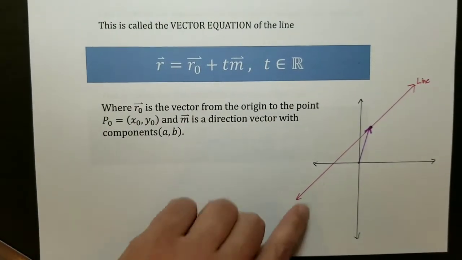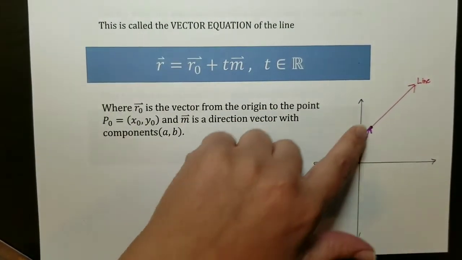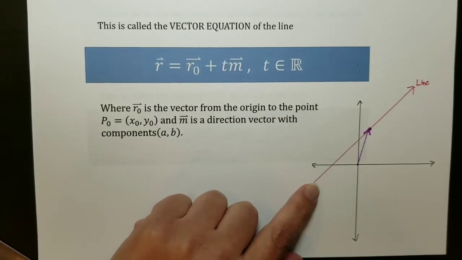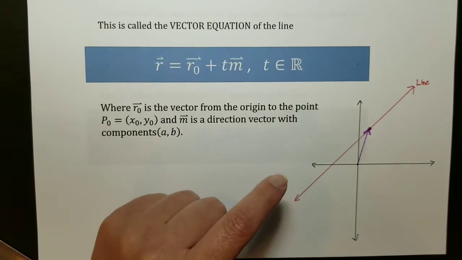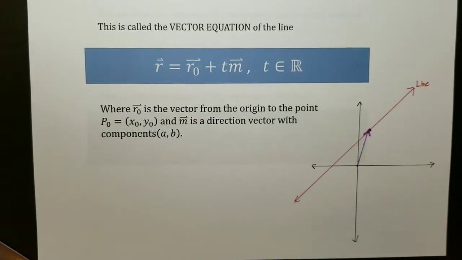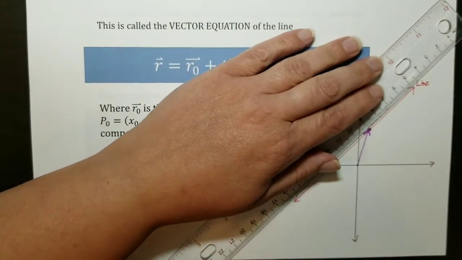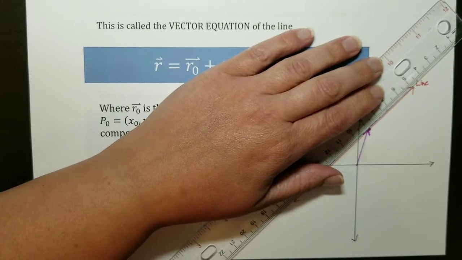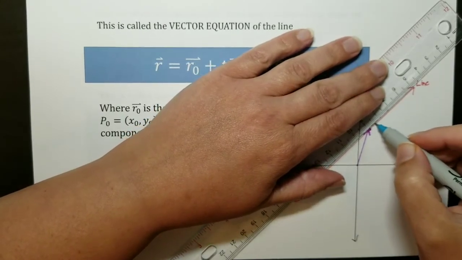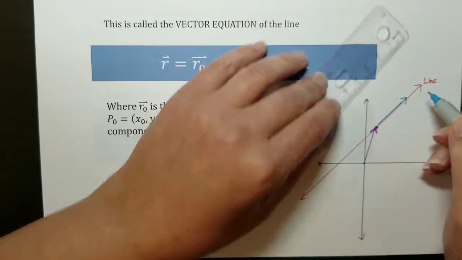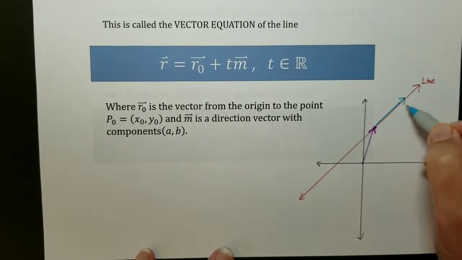I want to be able to find any point on here using vectors. So my first step in this is to get to the line. I have to get somewhere on the line, and then I'm going to draw in this blue direction vector. If I know some vector that's in the direction of the line, I can add a scalar multiple of this.